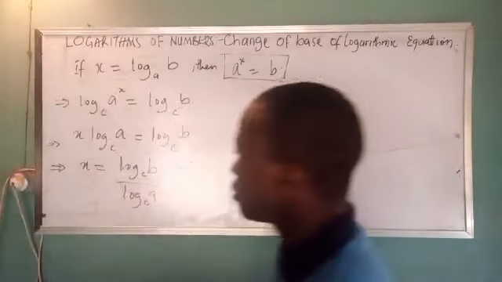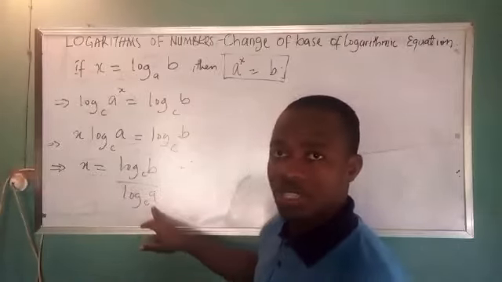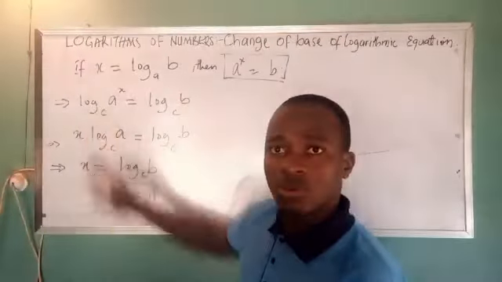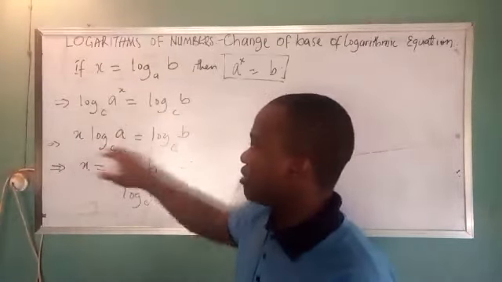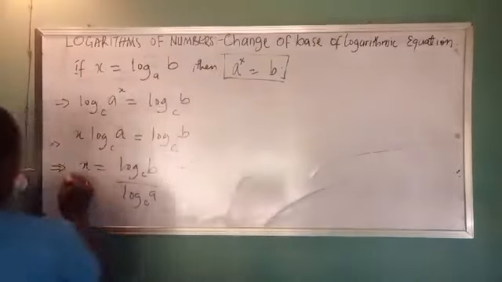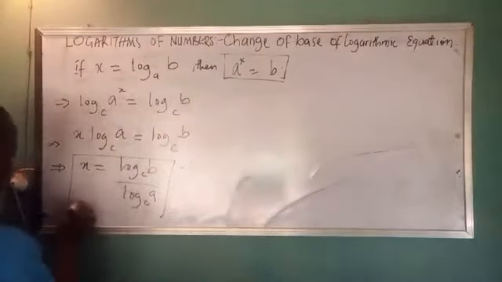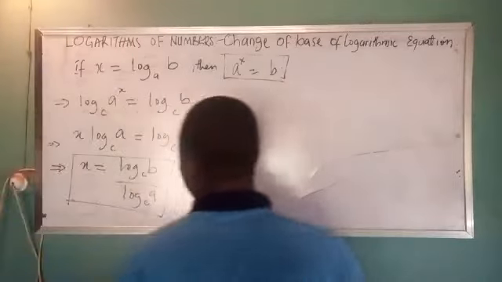Can you see that now? From here, we made x the subject of the formula by dividing through by log a to base c. So now this is the formula. This is the change of base formula. Understand?